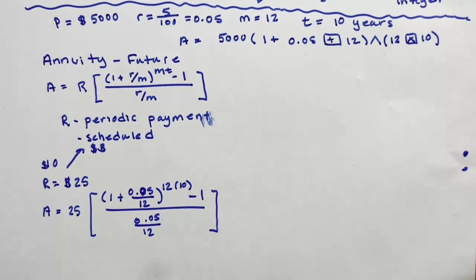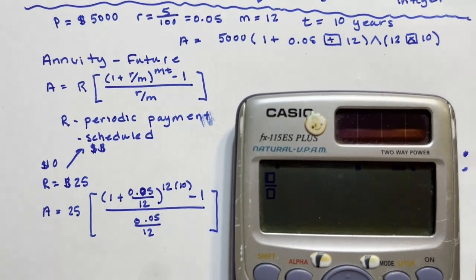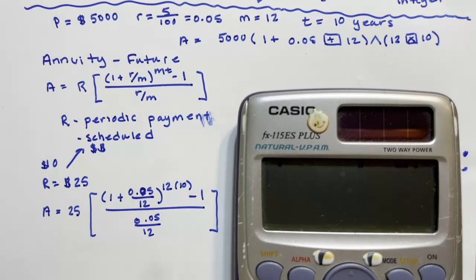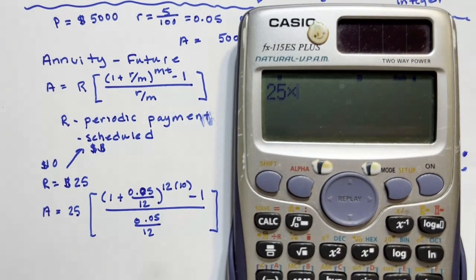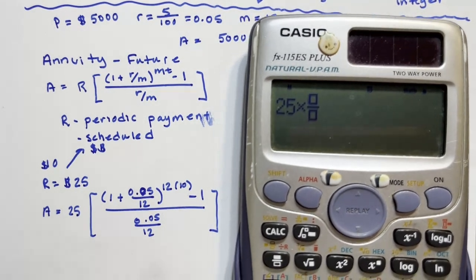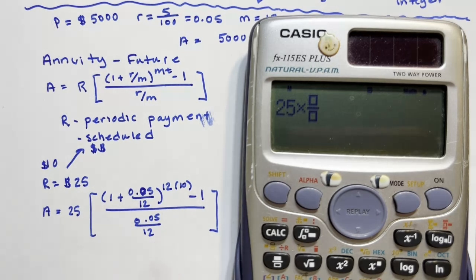I'm going to start with this calculator. One reason I like this calculator is that I can do something that looks very much like this. I can say 25 times, and then I hit this fraction button. What's going to happen is I'm now able to put this in just like this. So parenthesis, 1 plus 0.05 divided by 12.